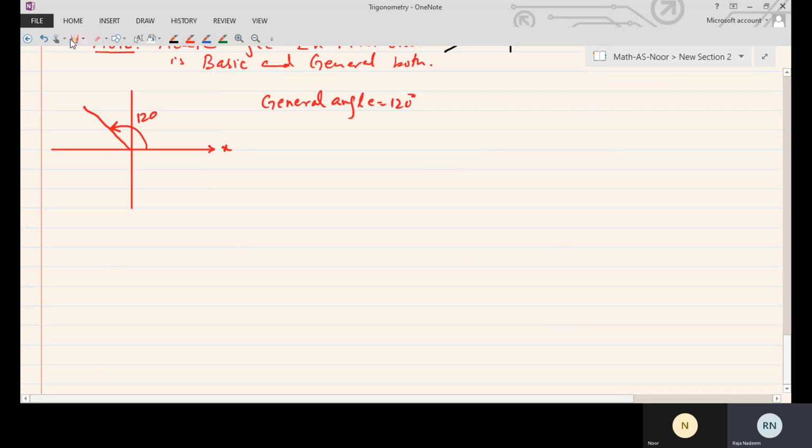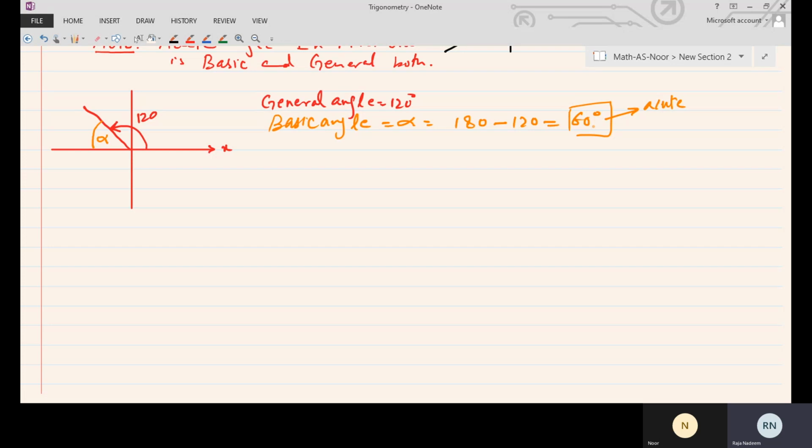From the concept of basic angle we know that the projection of this line along the x-axis is this alpha. So we can find this angle by subtracting. The basic angle is represented with alpha, and the general angle subtracted from 180 becomes 60. So you can see that this 60 degree is on the x-axis and acute as well. So whenever you have an angle along the x-axis and it is an acute angle, you call it a basic angle.